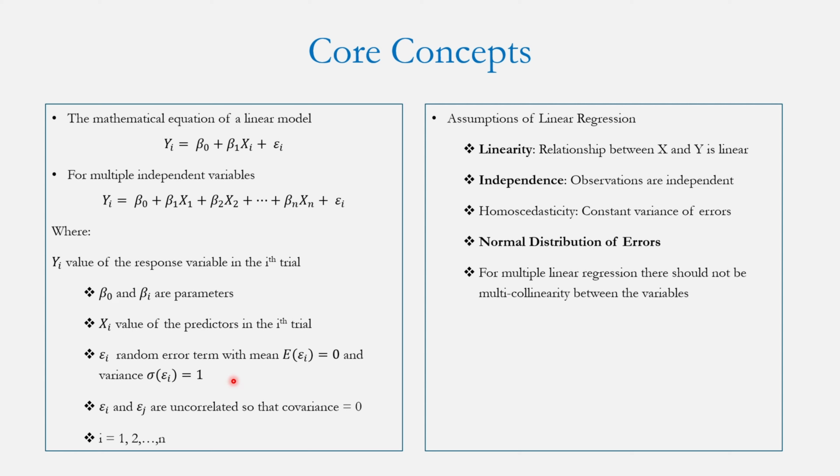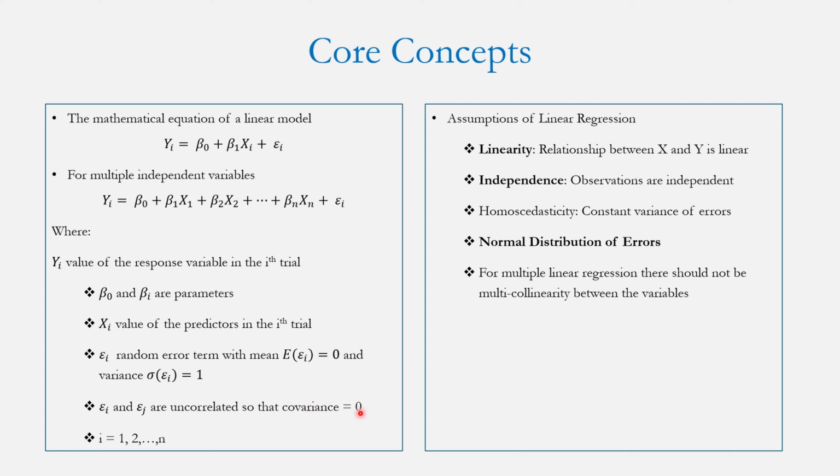Another assumption that we'll be making is about independence of observations. So observation at point 1 and observation at point 2, observation 1, observation 2, observation 3, all of them are independent. This implies that the error terms at point 1 and point 2, for example ei and ej, are uncorrelated, implying that there is no correlation between ei and ej, and therefore since there is no correlation, the covariance among them is 0.